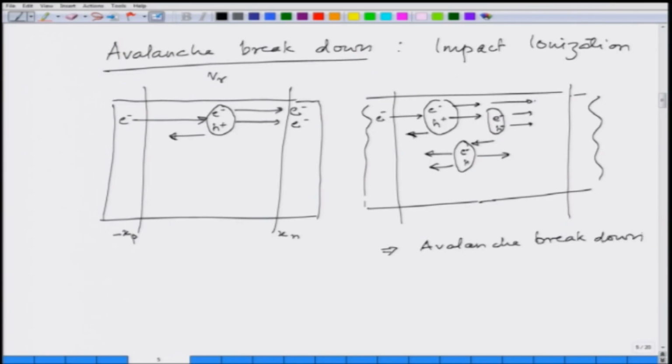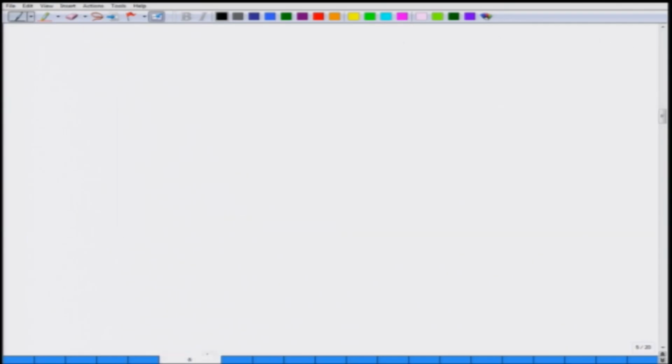So, this completes our understanding of an ideal p-n junction. To summarize what we have understood so far: we started with a qualitative picture of how p-n junctions operate.